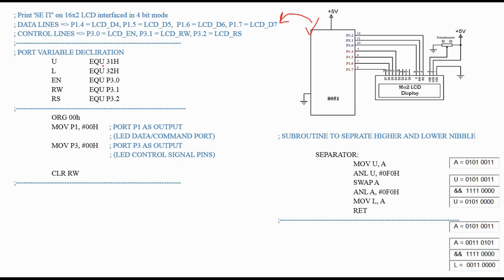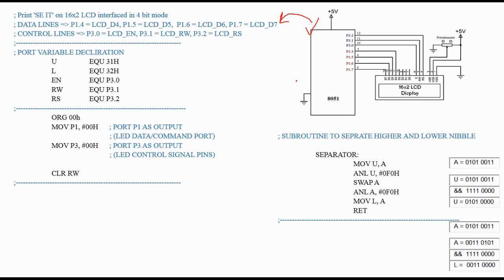EQU means equate 31 with U. It is just like hash define in C programming. In the same way, we have equated L for location 32. Then P3.0 can be accessed with the name EN for enable, 3.1 as RW and port 3.2 as RS. Then ORG 00H is the starting default location from which the program will start.